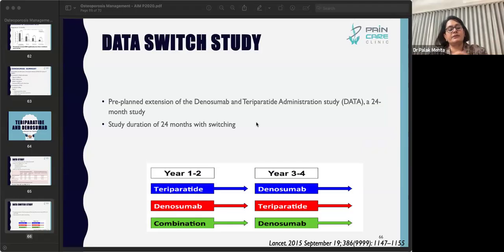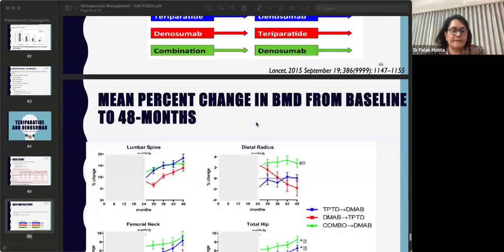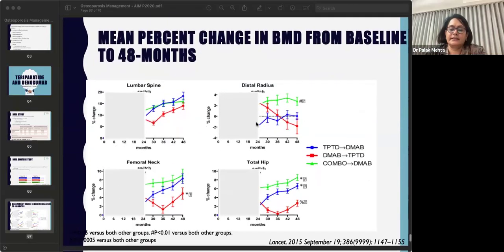After again 6 months, you can give teriparatide for another 6 months and then denosumab, and then it should be continued. So for the initial 1 or 2 years, we can give the combination therapy, and then in continuation, we can give denosumab. Next slide.